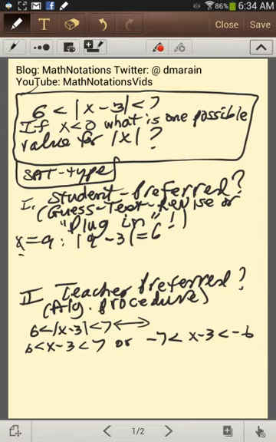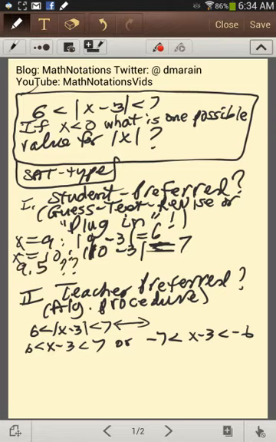We might try 10, and 10 minus 3 in absolute value equals 7. Again, not less than 7. If they're thinking clearly about the inequality, they might now try 9.5, and that would seem to work.